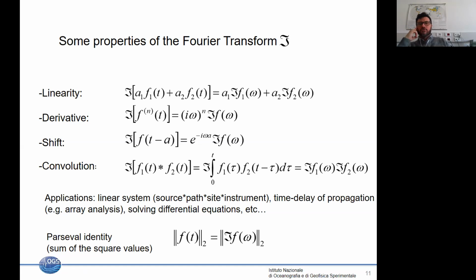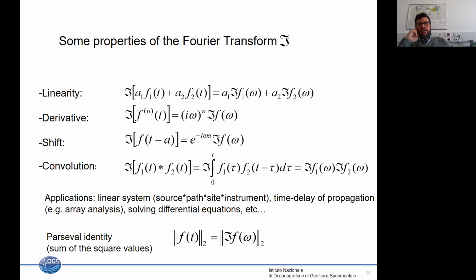So instead of multiplying by i omega, if I want to go from acceleration to velocity, I have to divide by i omega. If I then want to go from acceleration to displacement, I have to divide by i omega squared to take into account the double integration. So there is full consistency, let's say, between what you can do in the time domain and what you can obtain in the Fourier domain.